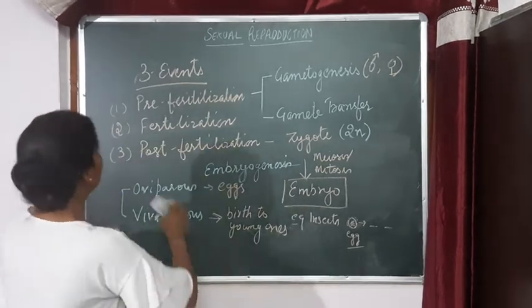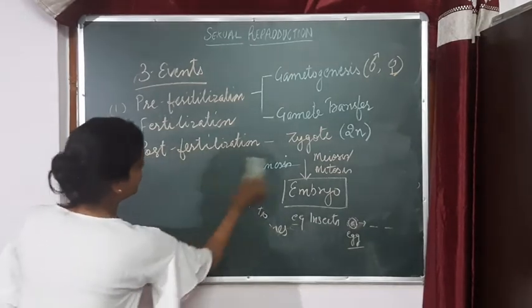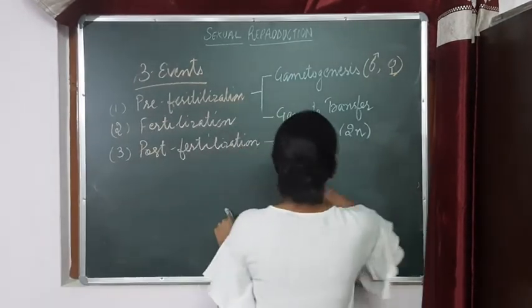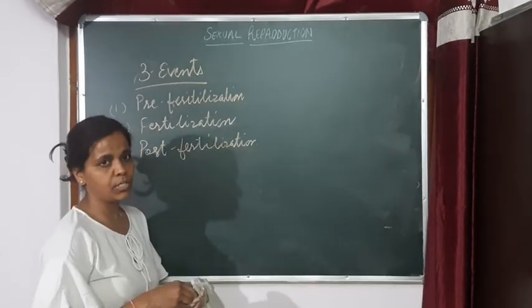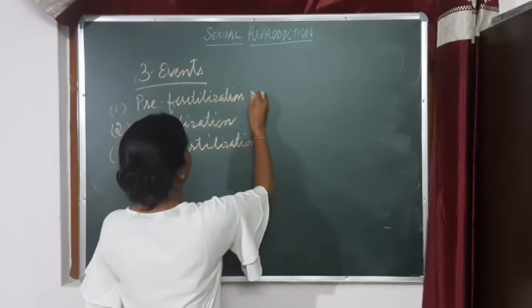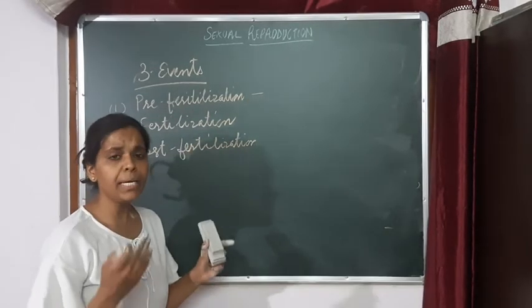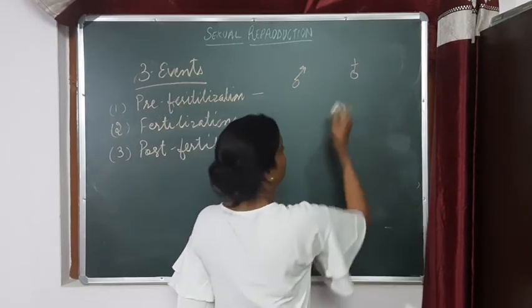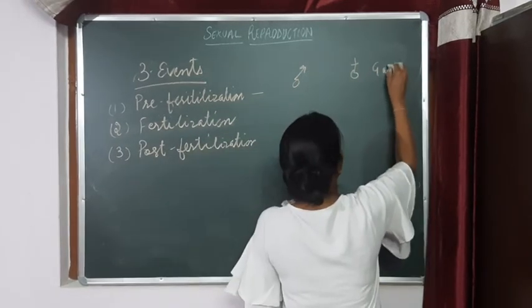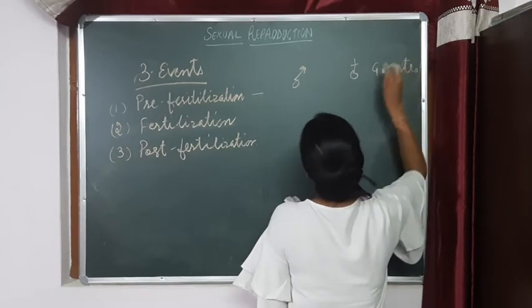So these were the three events in sexual reproduction, and I'm just compiling these three events in a nutshell. We started with pre-fertilization. This is the period where the male and the female gametes are formed. So these are the gametes, right?